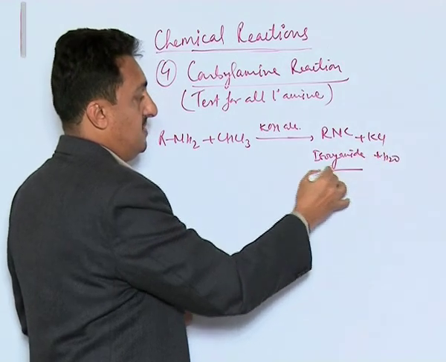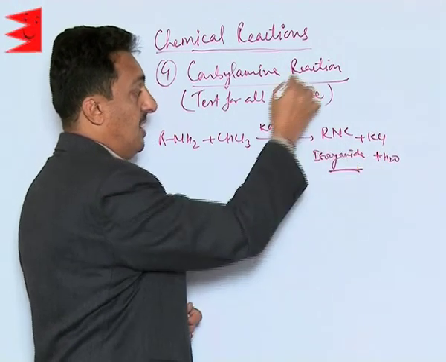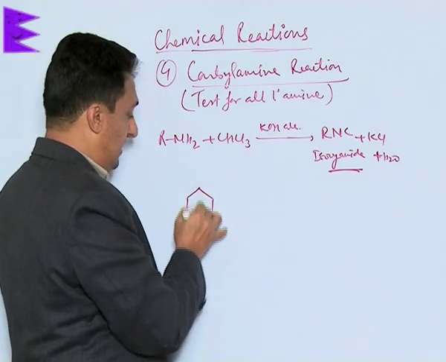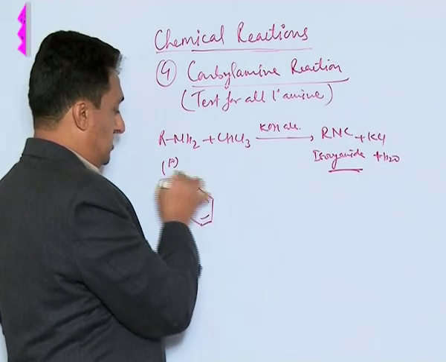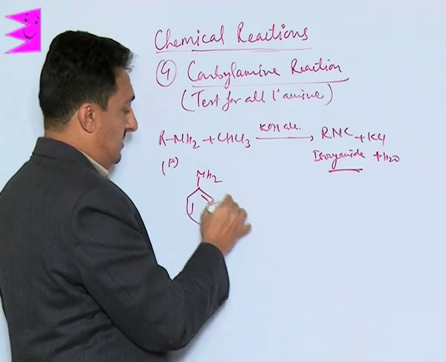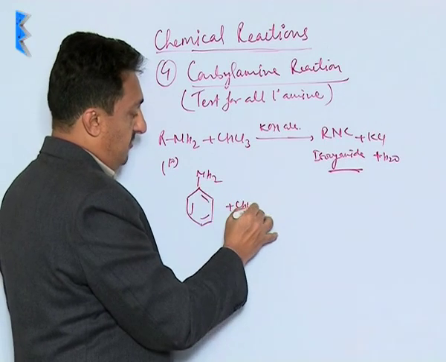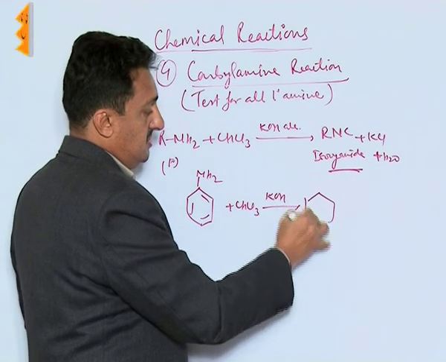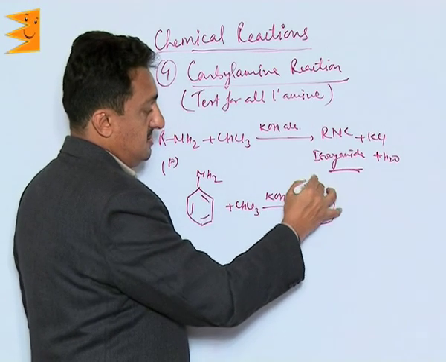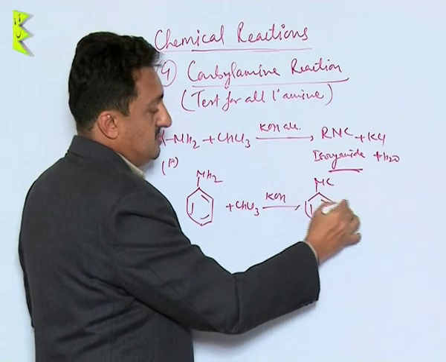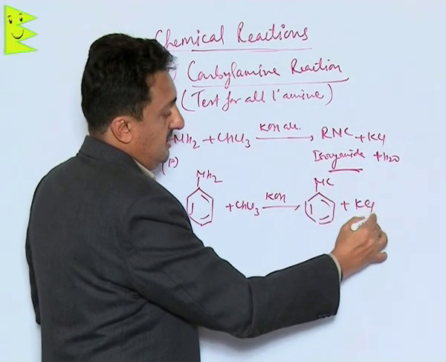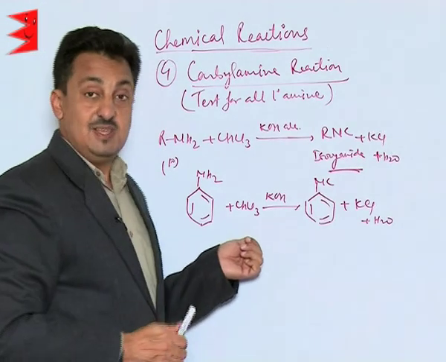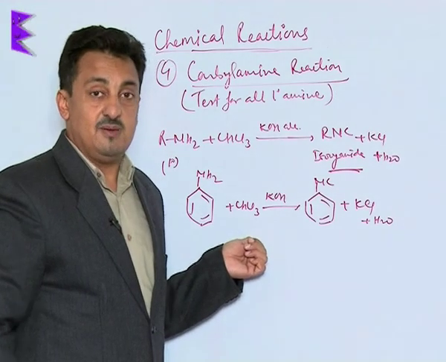So the formation of this isocyanide is called carbylamine reaction. Remember, even if we have aniline, this was your primary amine, this with chloroform and alcoholic KOH gives us foul smelling isocyanide, KCl and H2O. So that's most important, and this is a test to check the presence of primary amines.